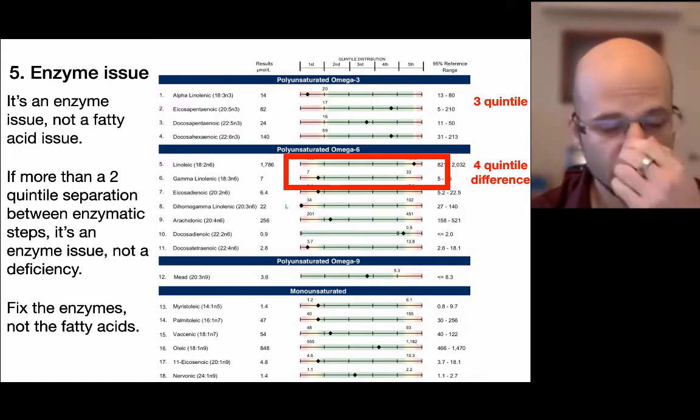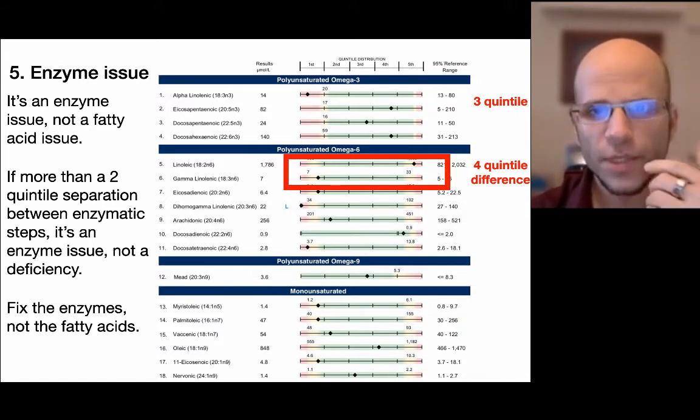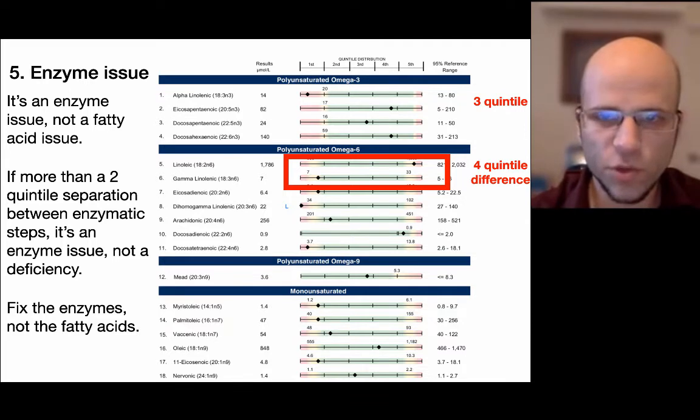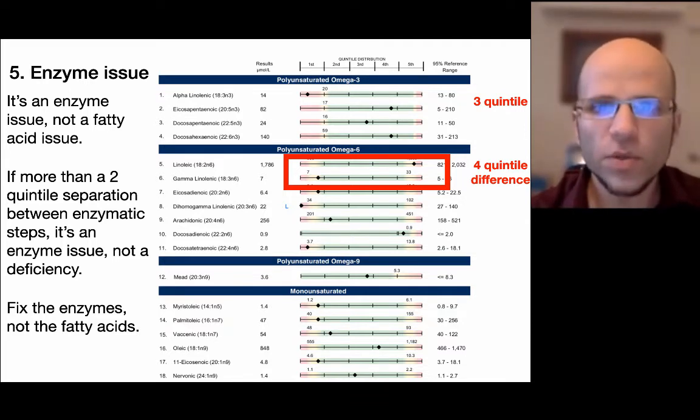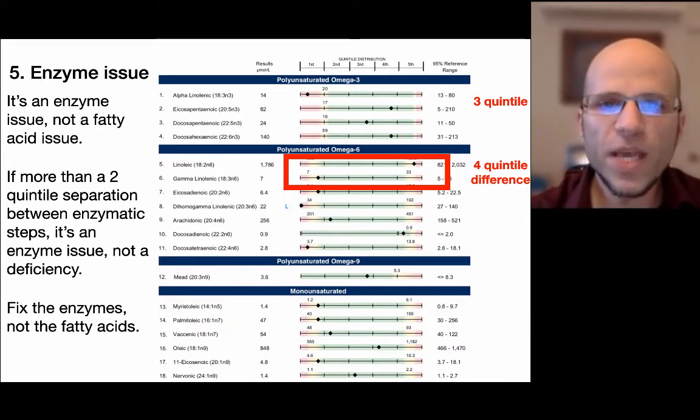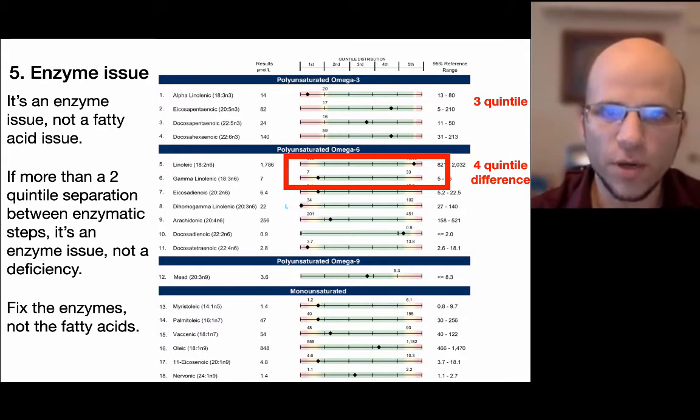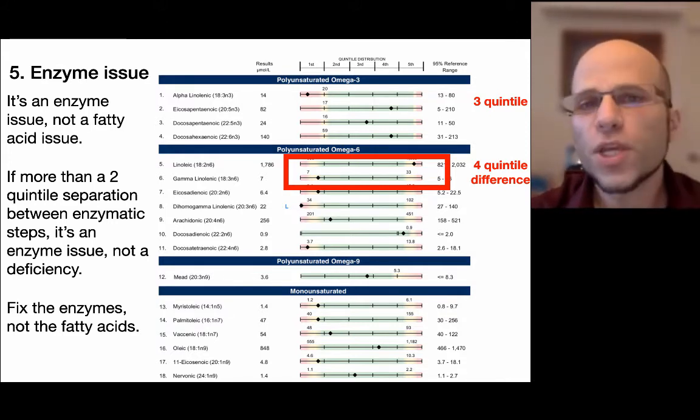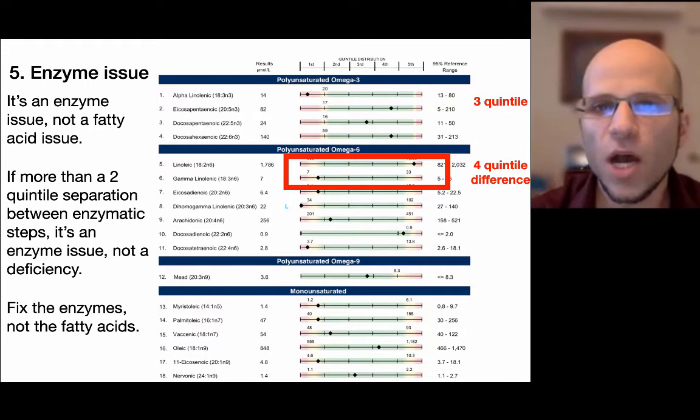I couldn't find an example in my files, but just so it's relative to fish oil, if ALA was in the fifth quintile here, and EPA and DHA were in the first quintile, I would be looking at the enzyme, not necessarily supplementation.